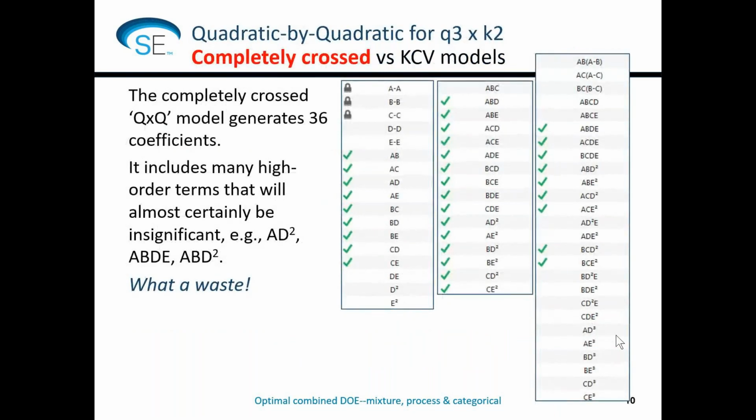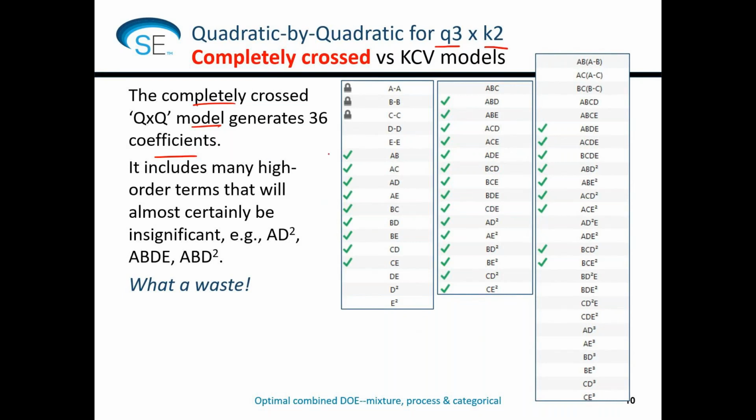Okay, so let's look at a completely crossed versus a KCV model. The completely crossed model for quadratic by quadratic, for example, with 3 components and 2 process factors, generates 36 combinations. So we've got 3 components and 2 process factors.